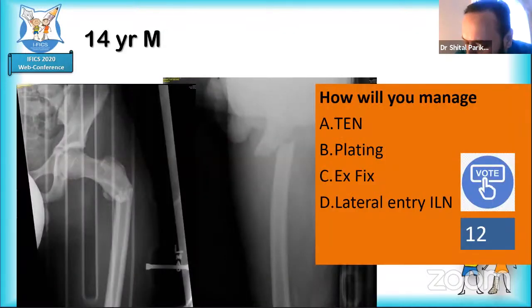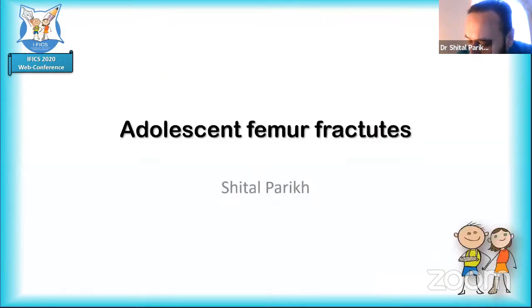Yeah. So before we move on to the adolescent fracture, just a couple of points. Both of them showed a distal femur fracture, which was treated with elastic nail and an X-fix on top of it. One other option which I have done for these distal fractures is to come from the greater trochanter. In both these fractures for distal femur, the entry point was a retrograde nailing.